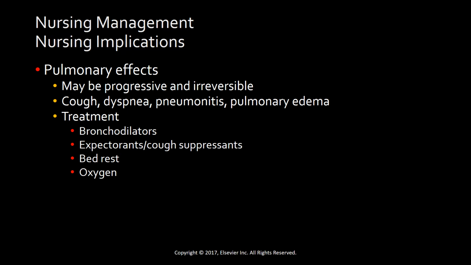We need to make sure that we are educating the patients on all of these effects that chemo or radiation can have on their pulmonary system, and also discuss that the damage to their lungs may be permanent, some of the signs and symptoms that they may go through, and the types of treatments they would be prescribed if they do go through these side effects.